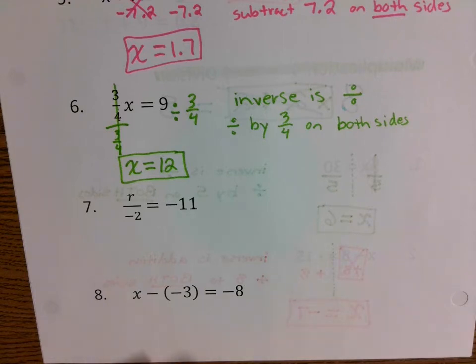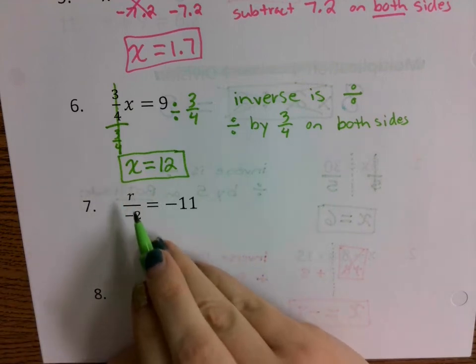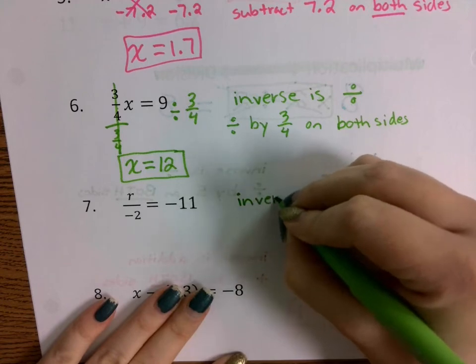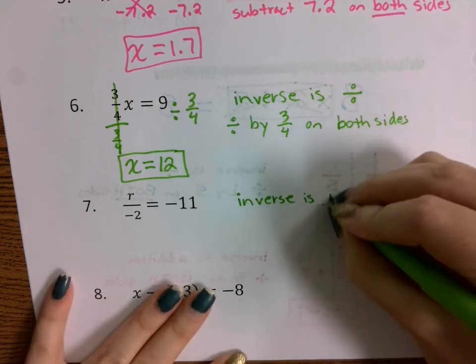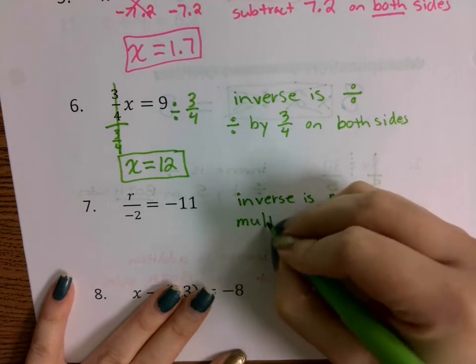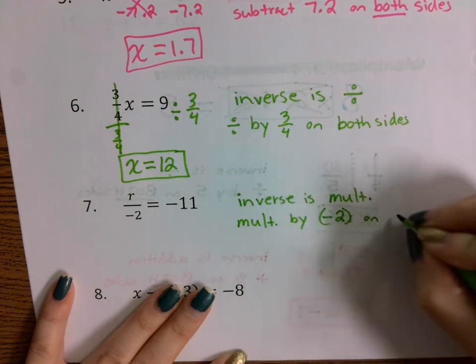Our inverse operation in this case is going to be multiplication. Right now we are dividing by -2, so the inverse is multiplication. You are going to multiply by -2 on both sides.